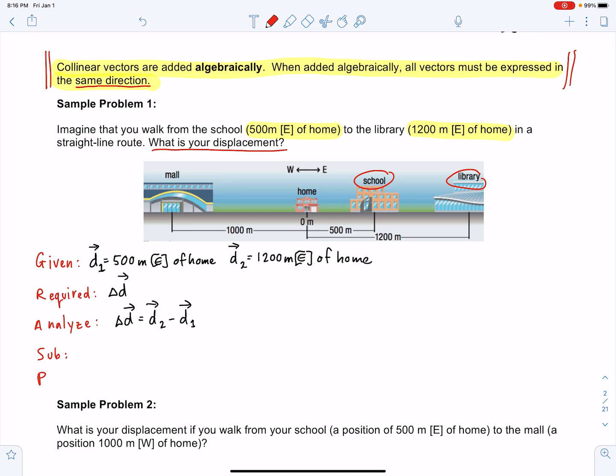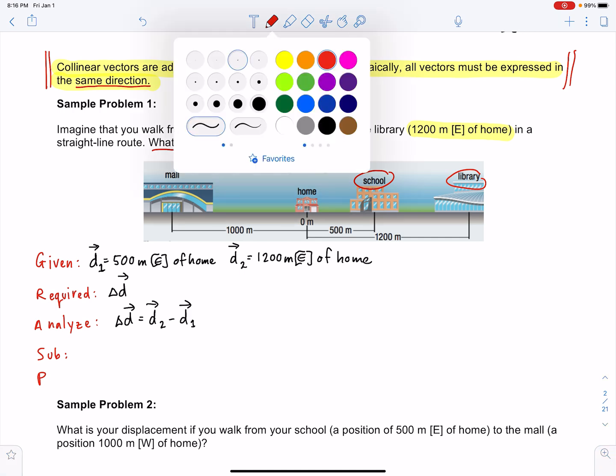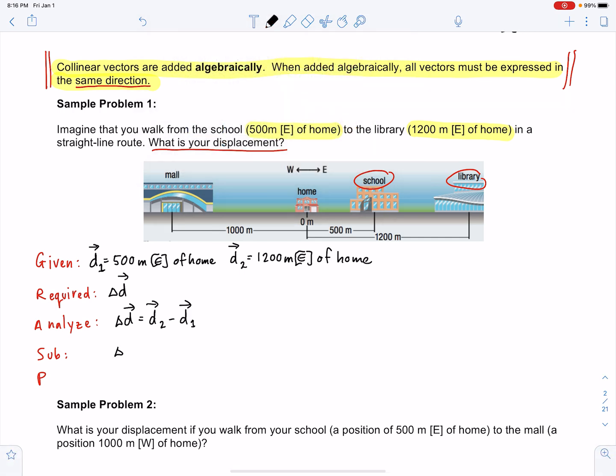The S of the GRASP method is to sub and solve. This point here, once you've identified what's given, what's required, and you know the equation to use, the rest is easy. So now we're going to sub and solve. We have delta D is equal to position 2, which is 1,200 meters east of home, minus position 1, which is 500 meters east of home.